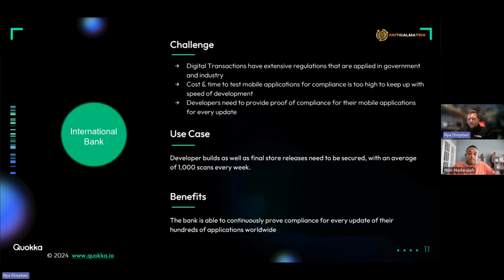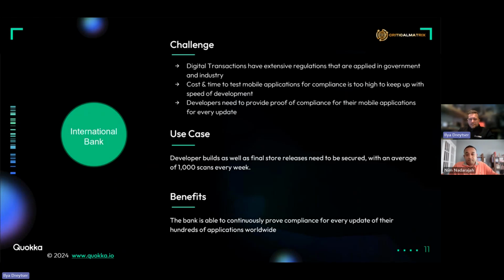One of the challenges that we hear a lot from big banks is that they basically have all these different extensive regulations, and there's a cost and a time to test these mobile applications. You mentioned earlier, Nim, that sometimes the developers will get the app tested, and then over time it changes.